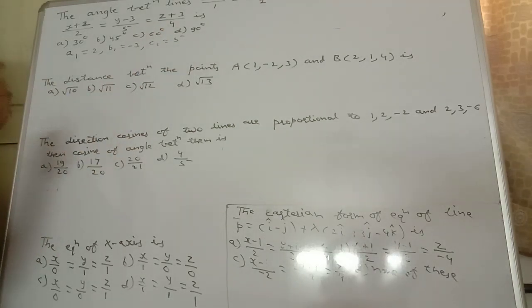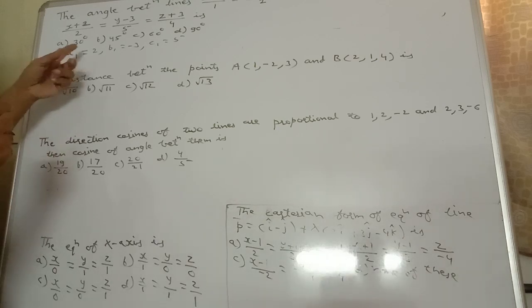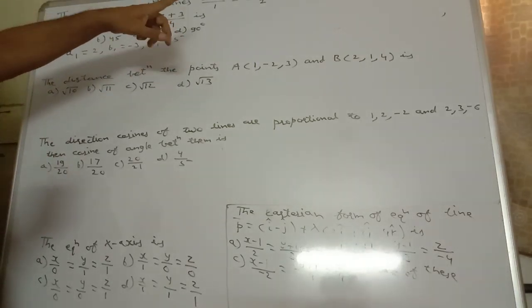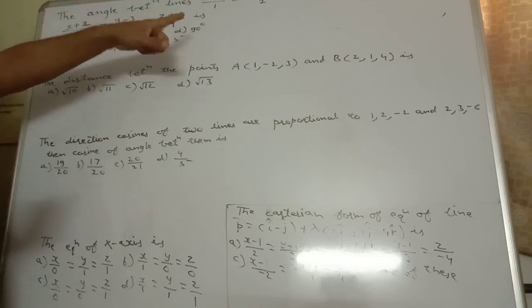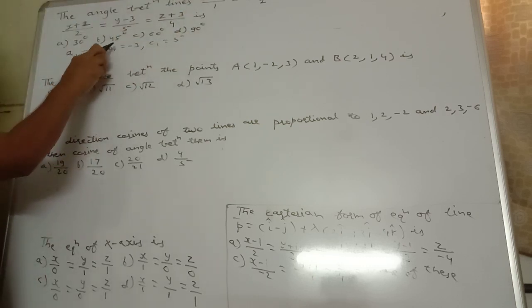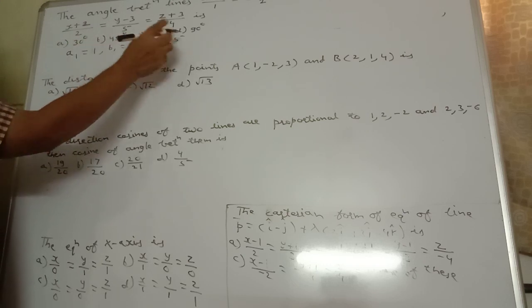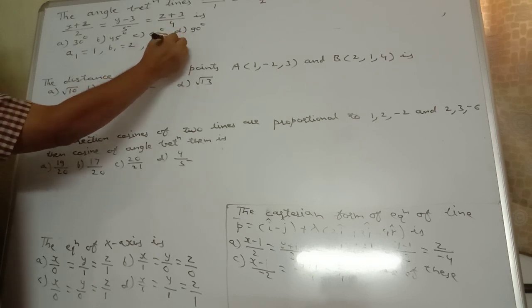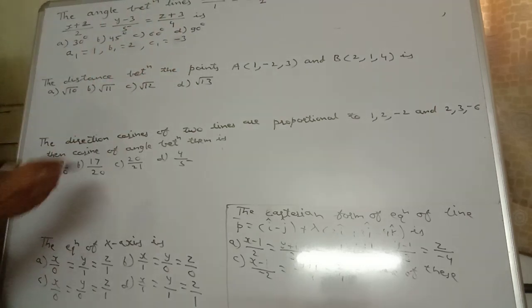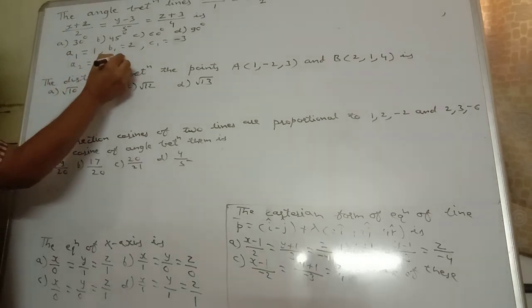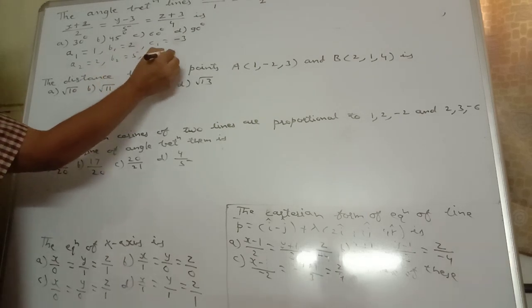We want direction ratios, and the numbers in the denominator are the direction ratios. So A1 is 1, B1 is 2, C1 is minus 3. For the second line, direction ratios A2 equal to 2, B2 equal to 5, C2 equal to 4.